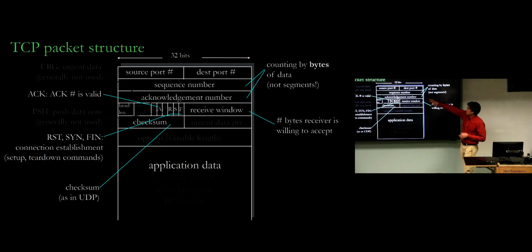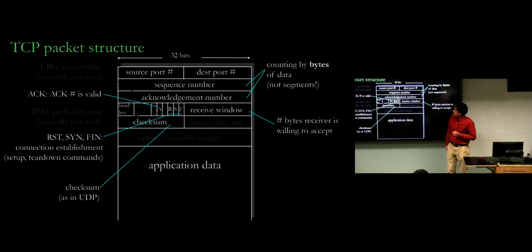There's an acknowledgement number and a sequence number in every single packet, because acknowledgements are actually piggybacked on data that's sent back in the opposite direction. We'll see that in a second, I guess. So let me not jump ahead of myself. But if you're sending an acknowledgement back, you put the acknowledgement number in this field.